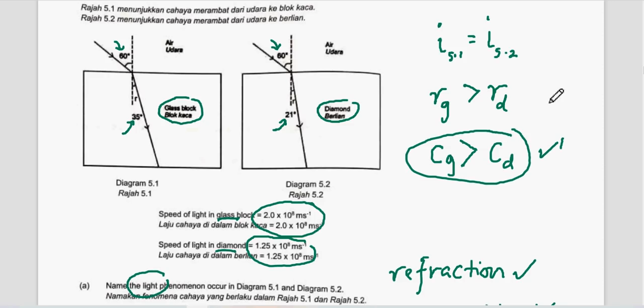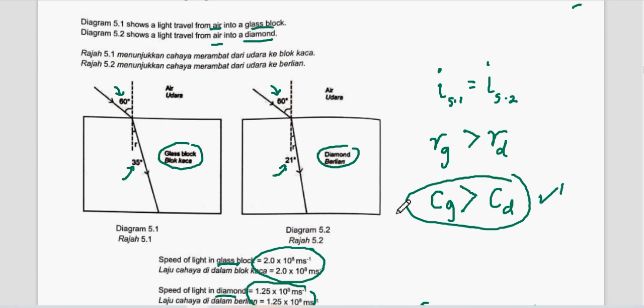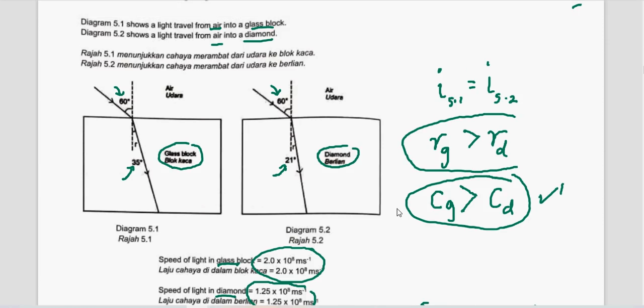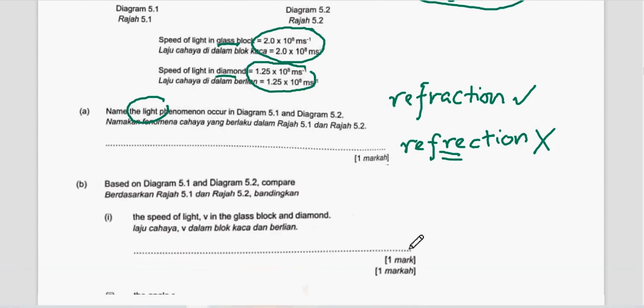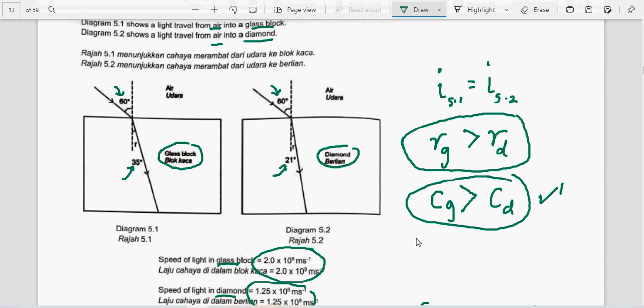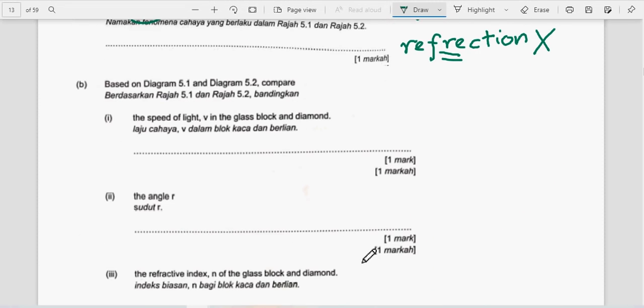That is the first mark, B1. Then the angle: don't use the symbol, write it properly. Angle r for the glass block is bigger than for diamond.